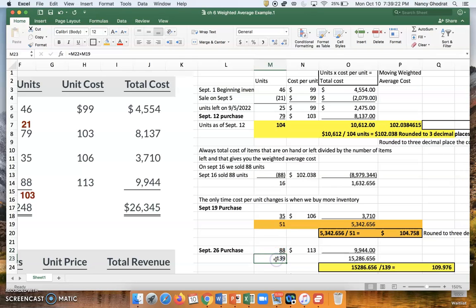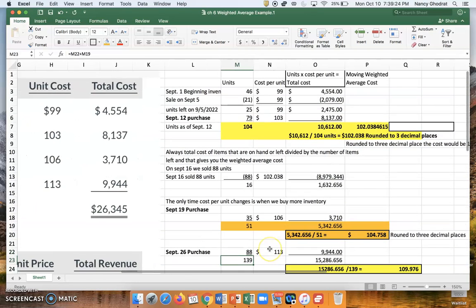As of September 26, we have 139 units and $9,944 that we paid, plus $5,342.656 that we had previously is the new total cost.